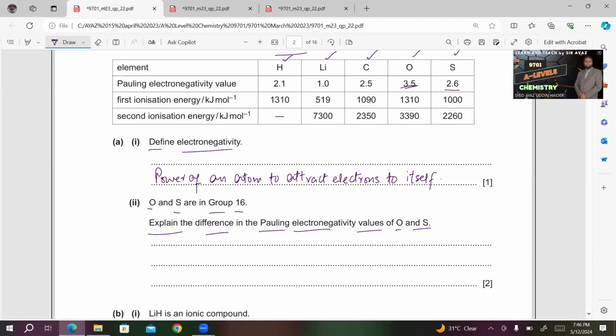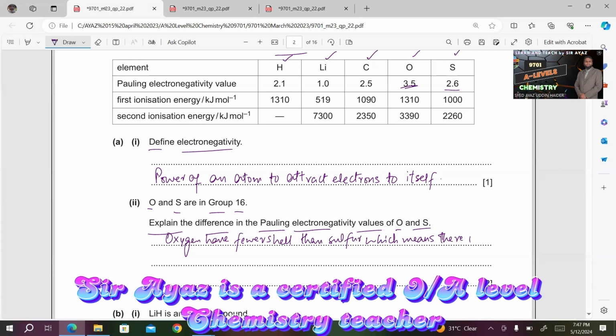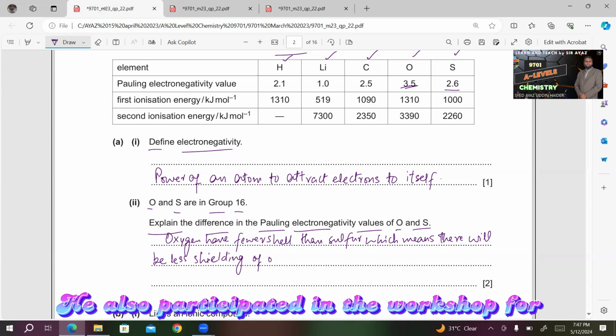So what we will write here: oxygen has fewer shells than sulfur, which means there will be less shielding of outer electrons.